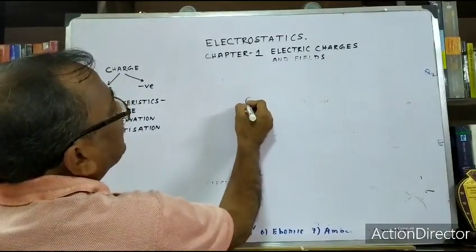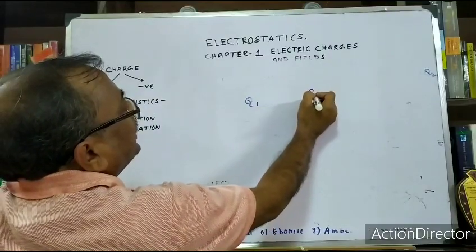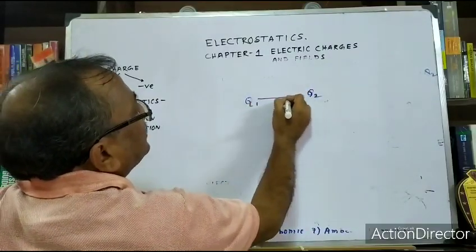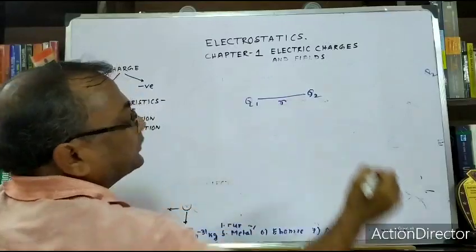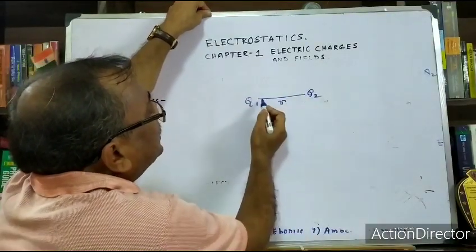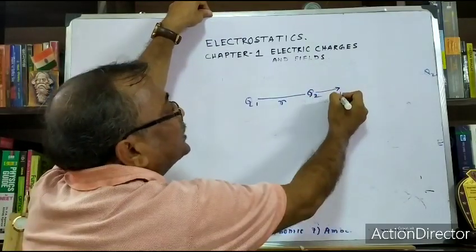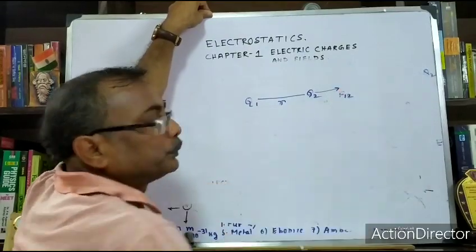Suppose it is a charged body of charge Q1, it is a charged body of charge Q2, and these two charged bodies are separated by a distance r. They are like charges. So the force on this charge due to this charge will be in this direction because it is repulsive, and this force is F12.